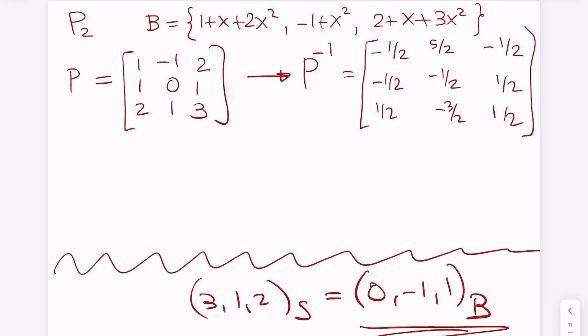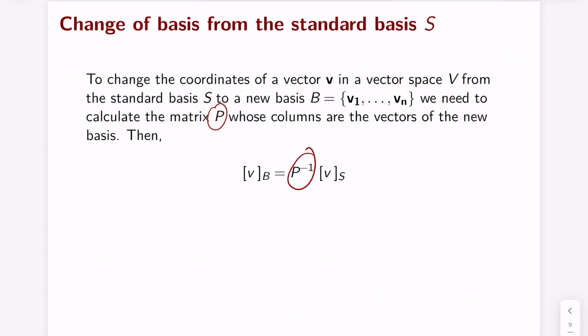And that's it. Having this matrix, the result tells us that we put any vector that we want in the standard basis, and we will get as output the vector in the new basis. In other words, we just have to multiply whatever vector we want to change of basis by the matrix P to the -1.